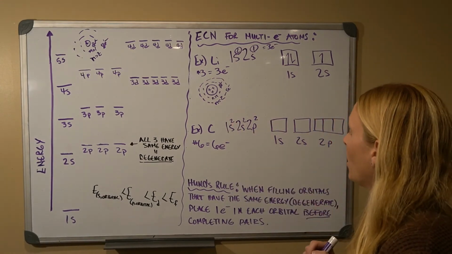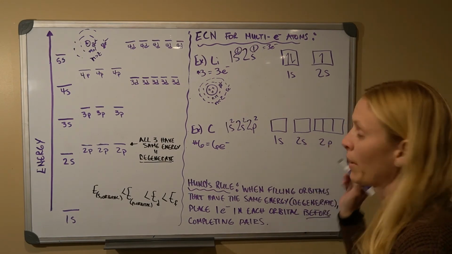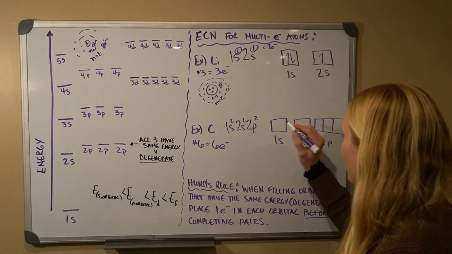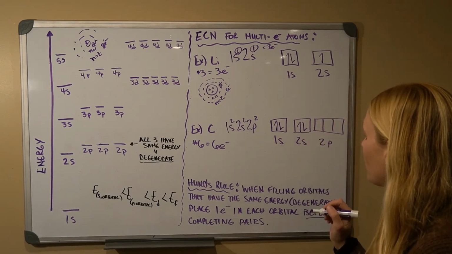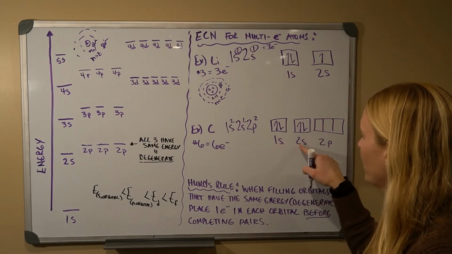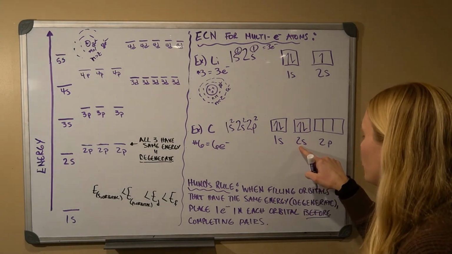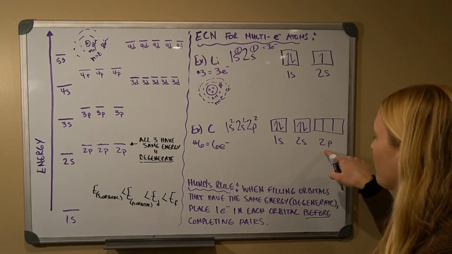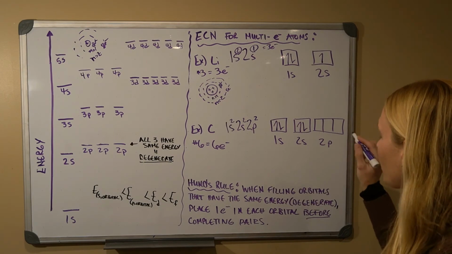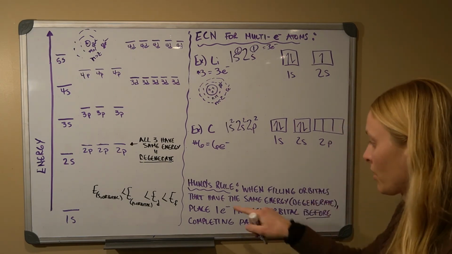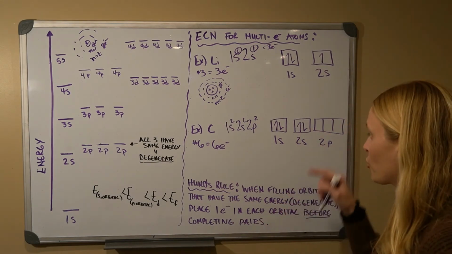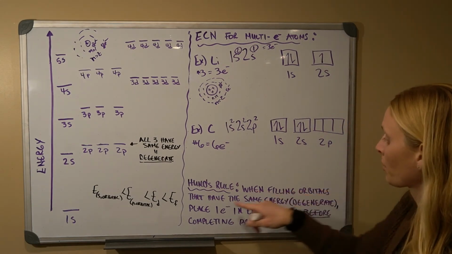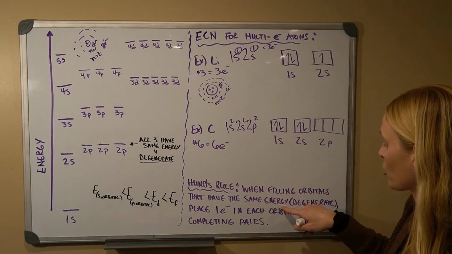When we represent that in the orbital diagram, there are 2 for the s in the first energy level, and also 2 in the second energy level for the s. For the p, there are 3 different types of p, so we need to use something called Hund's Rule to know how to distribute the electrons. When filling orbitals that have the same energy, they're degenerate.